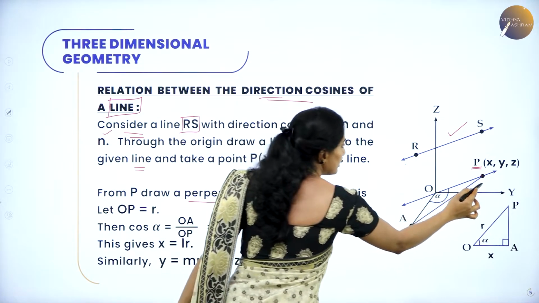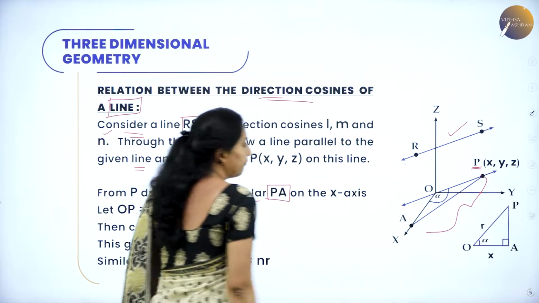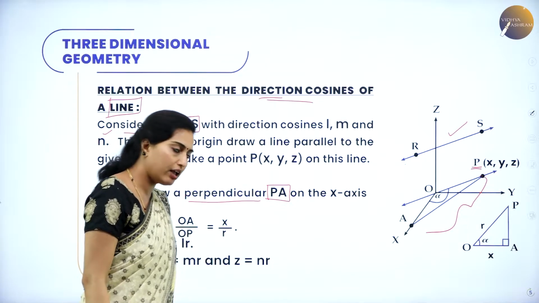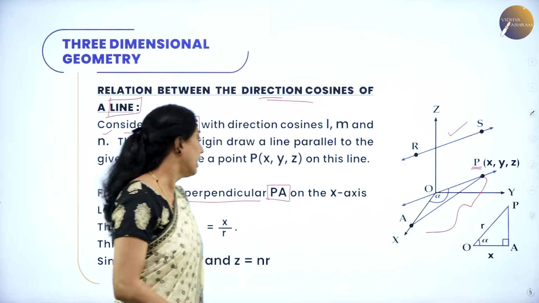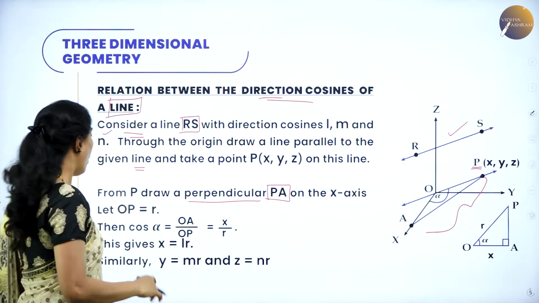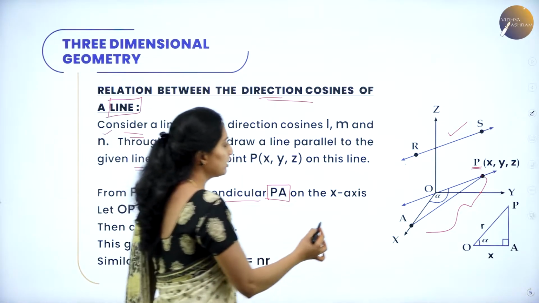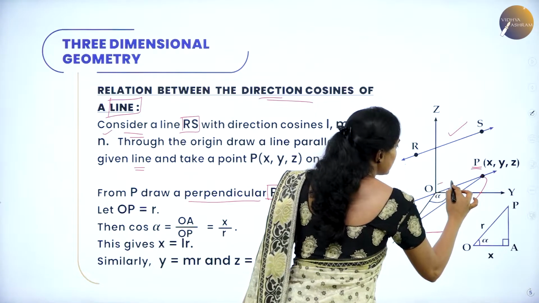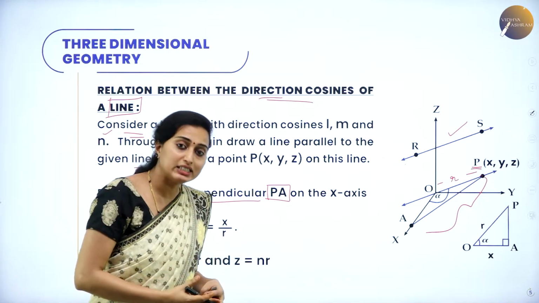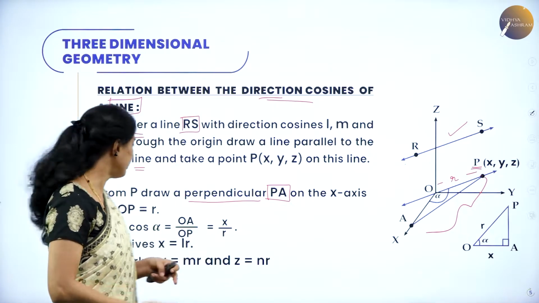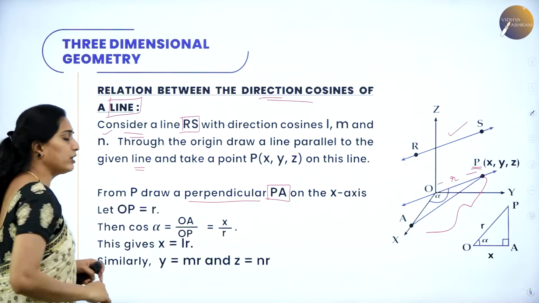You can observe this is the perpendicular I have drawn from P to A, on the x-axis. The distance from O to P we take as r. Now here, let OP be equal to r.